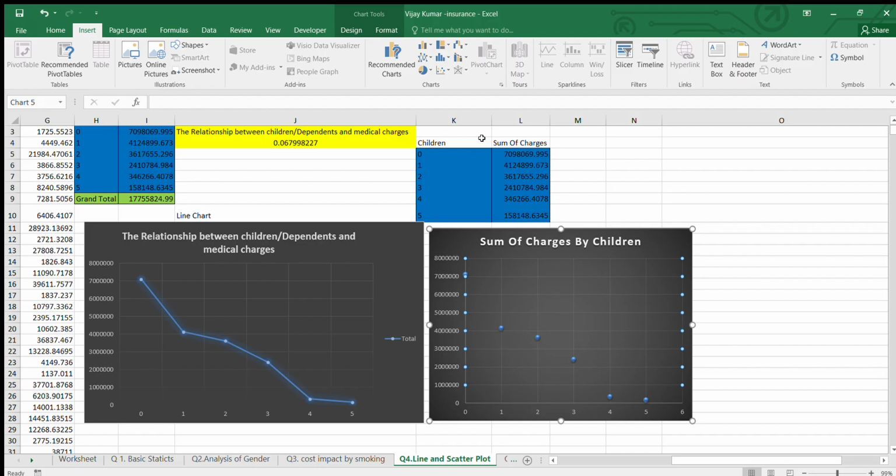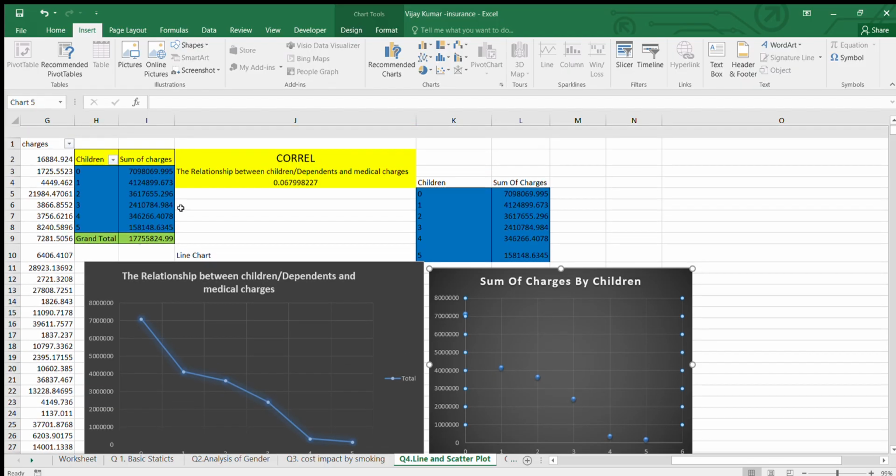This is the sum of charges along with the children criteria. Those who have zero children have the highest sum of charges. In one, the sum of charges decreases as the number of children increases, and the correlation value is 0.06799.